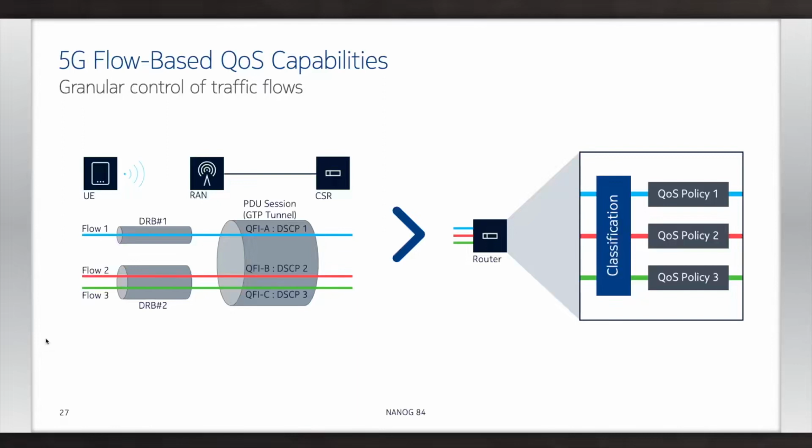In 5G, we can differentiate all of that, and the radio will mark the DSCP for all of these different flows. So in this case, we can take the router and apply different classification based on the DSCP and apply different QoS policies. So it makes our lives easier when doing prioritization.